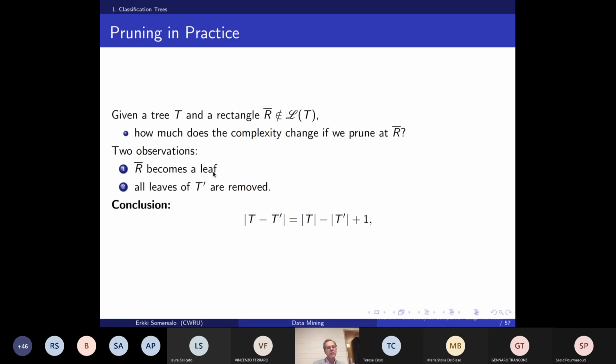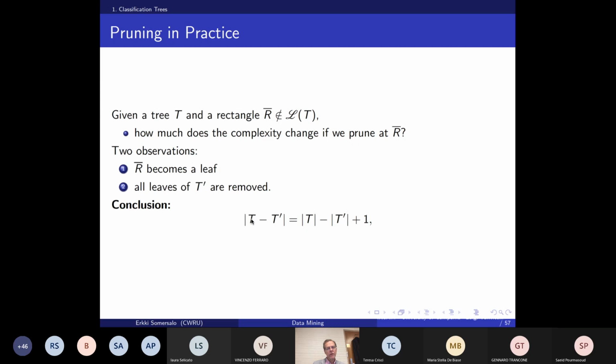This is what I just said. If you are given a tree T and you pick a rectangle which is not one of the leaves, so R bar is not in the set of leaves of that tree, the question is how much the complexity changes if we prune at R bar. There are two observations. R bar becomes a leaf, so one is added, and all the leaves of T prime are removed.